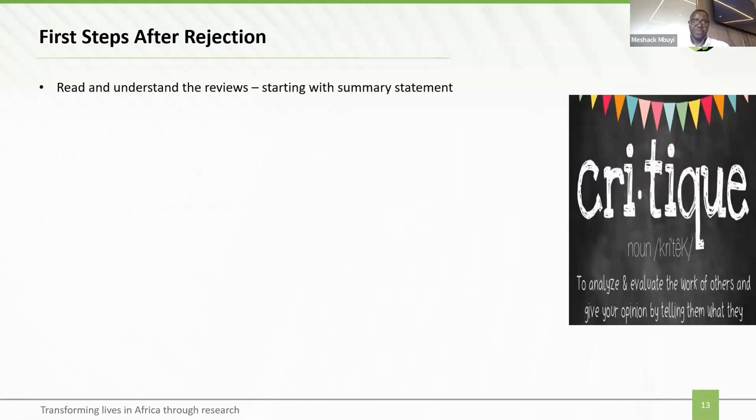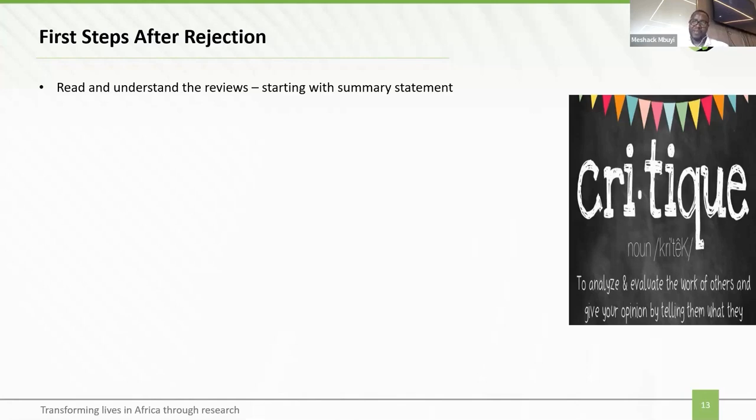First of all, you need to read and understand the reviews, the comments that have come from the reviewers. You need to read and understand what they are saying. Read between the lines. Understand as much as possible. If there is anything that you're doubting, look for your peers or other co-investigators and other researchers in your field to help you go through it, to ensure that you understand all the comments that they have sent back.